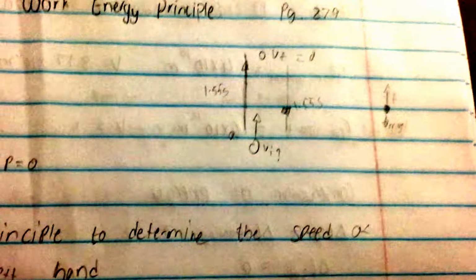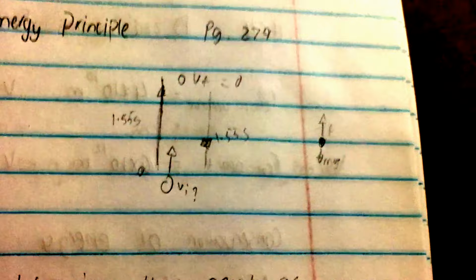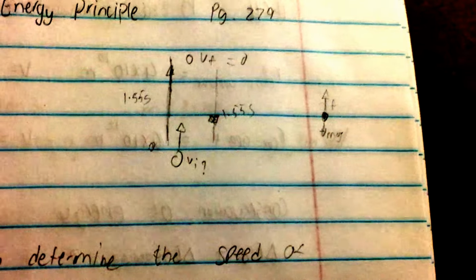Also, it told us to find the maximum velocity. If you think about the trajectory of the ball, at the very top it's zero.